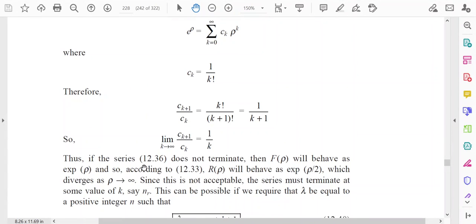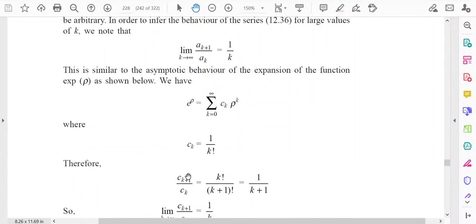So if the series 12.36 does not terminate, then f rho will behave as e to the power rho, because we have already established that their behavior is almost the same. So if f rho behaves as e to the power rho, we can write that r rho will behave as e to the power rho by 2. Why?